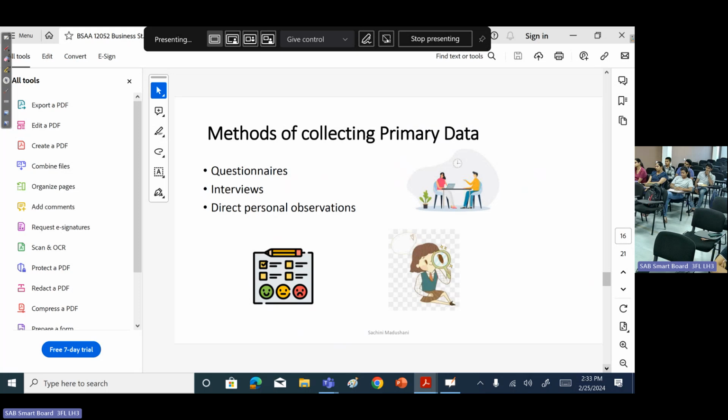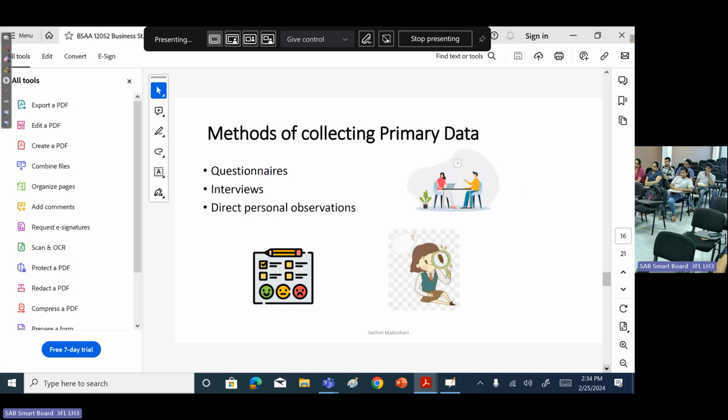We can prepare the questionnaire, give it to our respondent and collect the data. We can mail it, or we can use Google Forms. There are different kinds of questions. Using the questionnaire, we can collect the data.